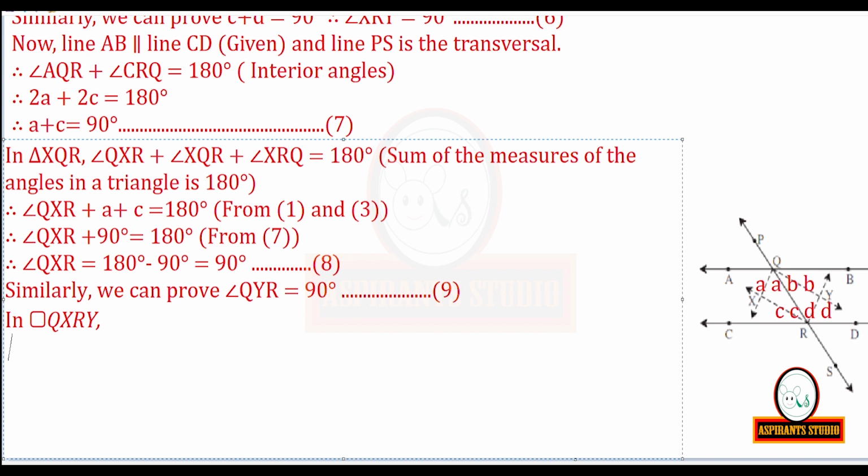In quadrilateral QXRY, measure of angle XQY is equal to measure of angle QXR is equal to measure of angle XRY is equal to measure of angle RYQ is equal to 90 degrees. You have to write the reason from equations 5, 6, 8 and 9.